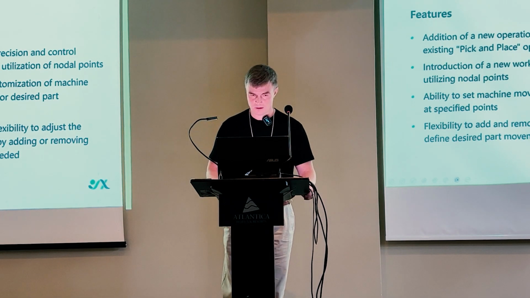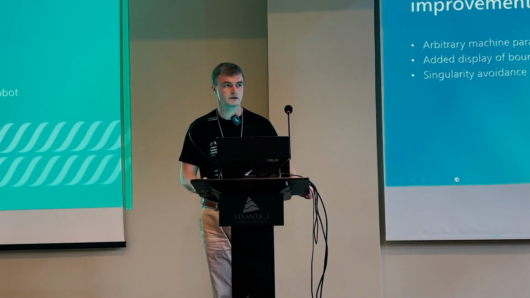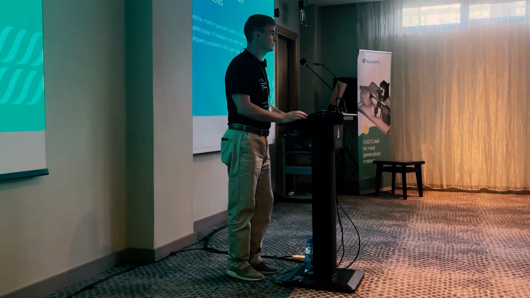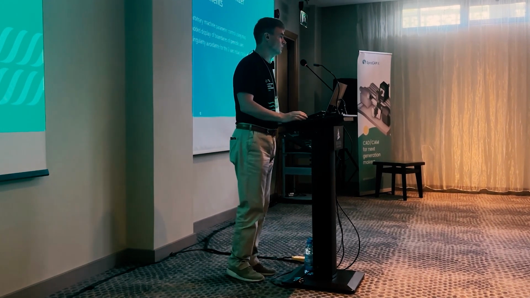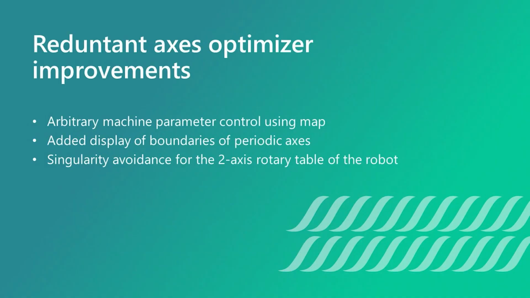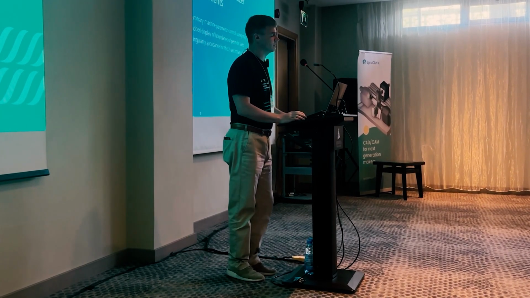Okay, the next group of features I would like to demonstrate is about the redundant axis optimizer. I understand that users who already programmed robots with SprutCAM know what it is. And the first feature is the possibility to control arbitrary machine parameters.